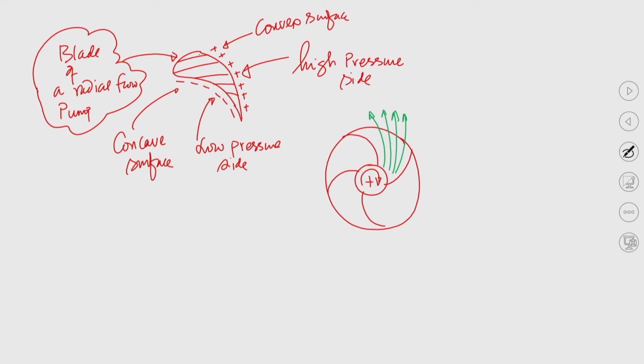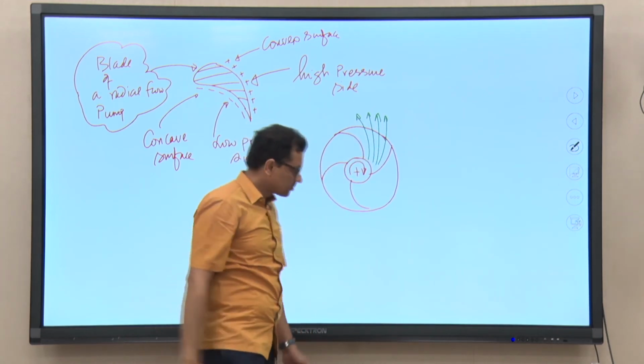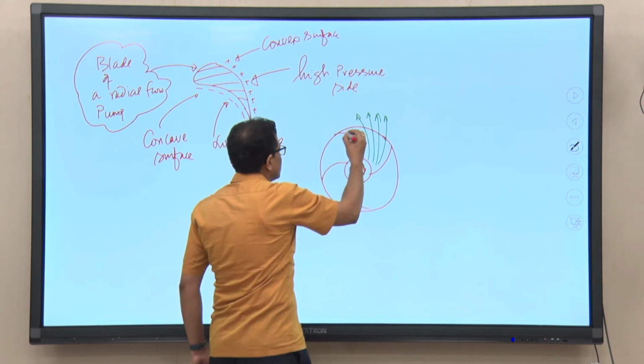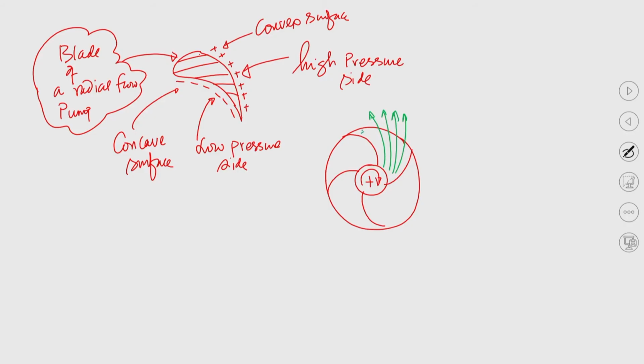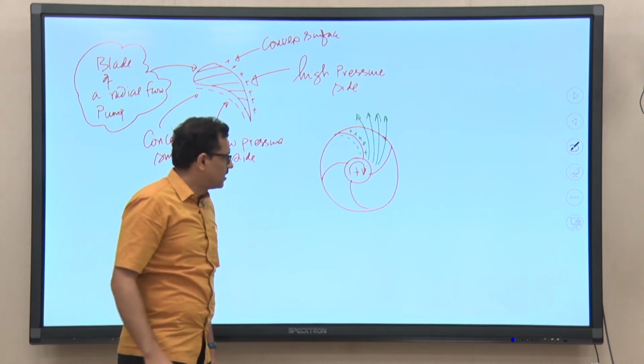A force will be acting in the direction perpendicular to the plane of the board, and another force is in this direction. The resultant force will be responsible for creating a high pressure on the convex surface of the blade, right, and this will be negative pressure, right. So, the resultant force will be responsible for the high pressure on the convex surface of the blade, while at the concave surface of the blade it will be less.